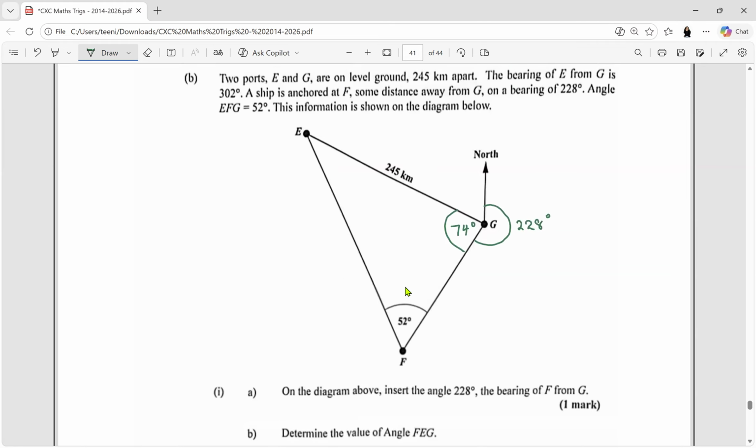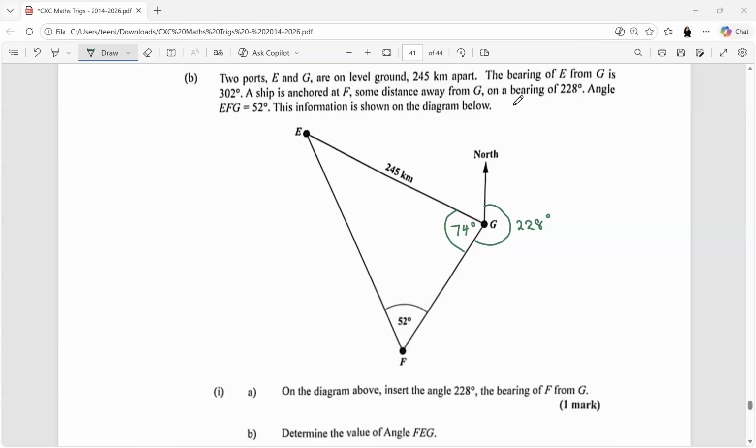Somebody tell me, I have two angles in a triangle, 52 and 74. What would this third angle be? 126.